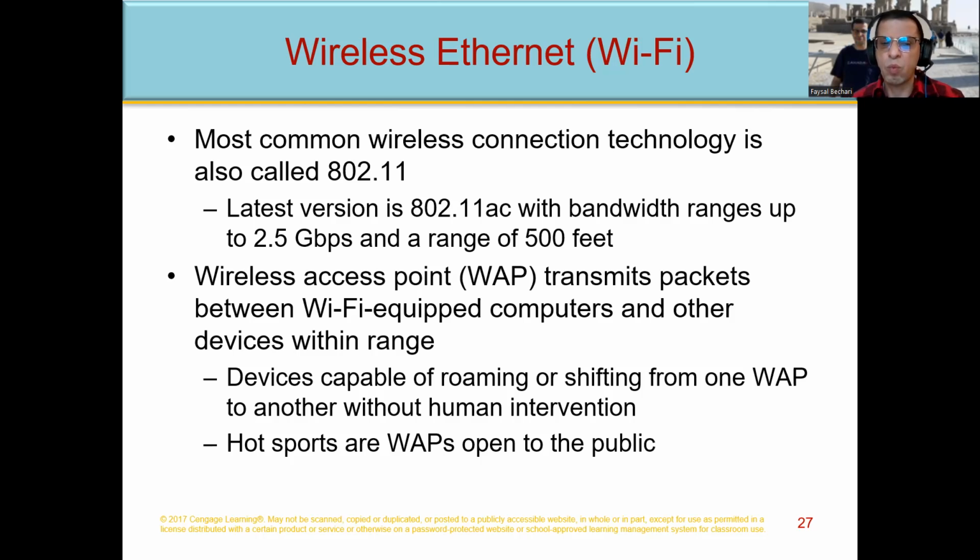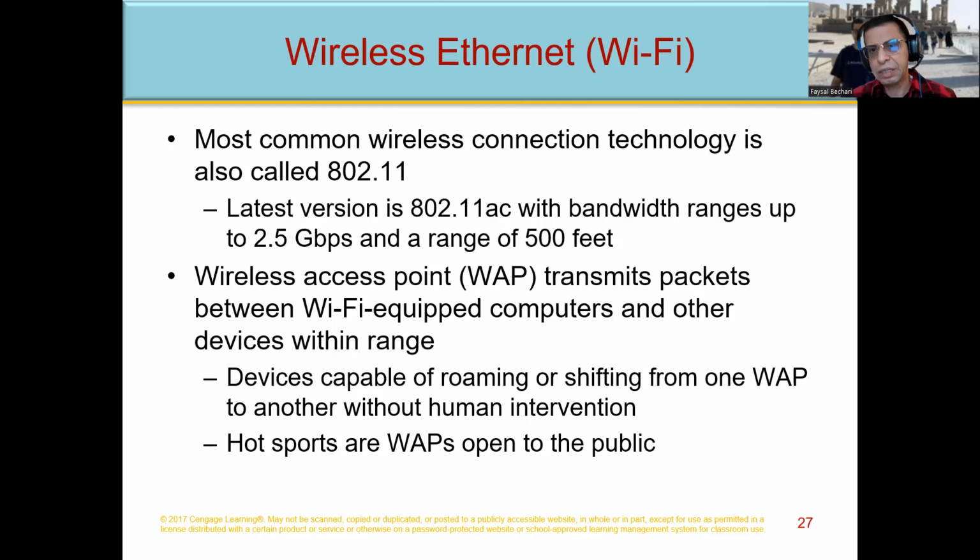Then you have a WAP, which is a wireless access point. It takes the data and makes it into packets. So a wireless access point transmits packets between Wi-Fi equipped computers like yours and other devices.